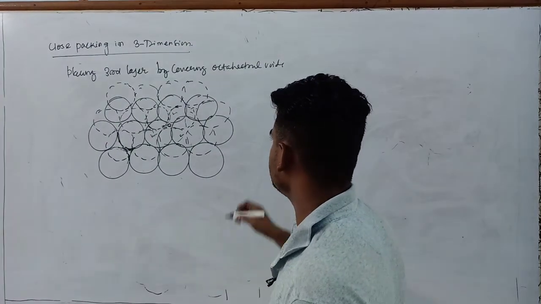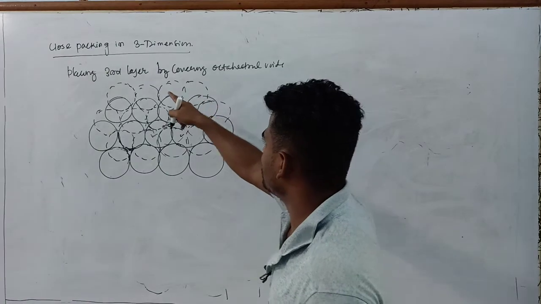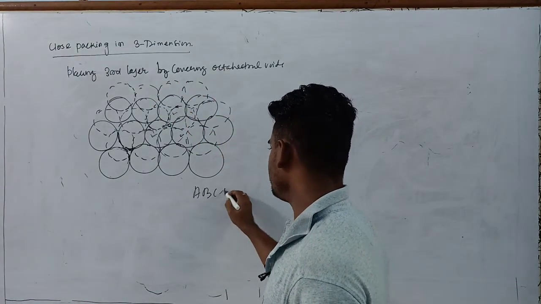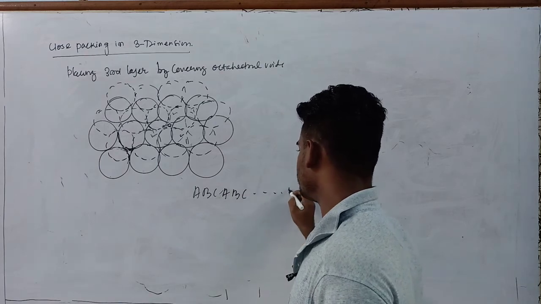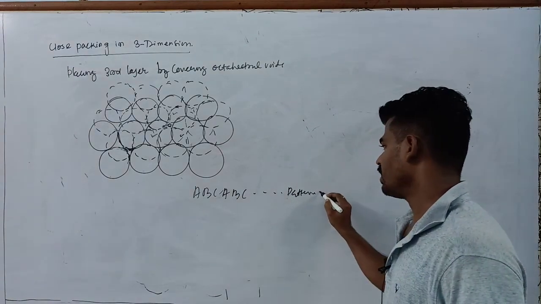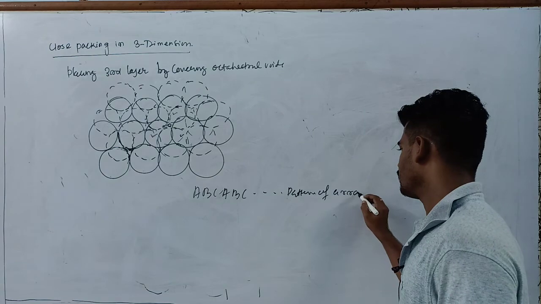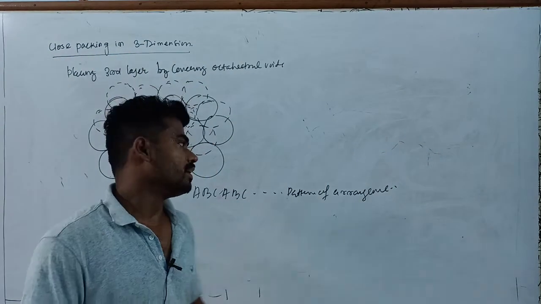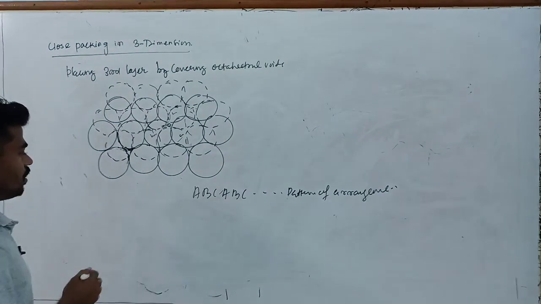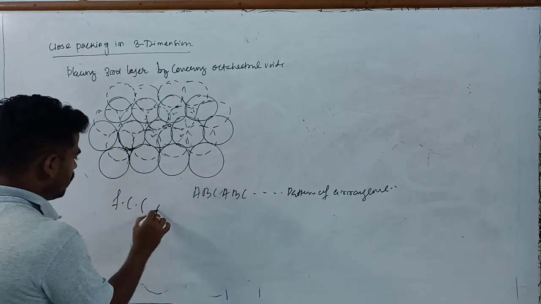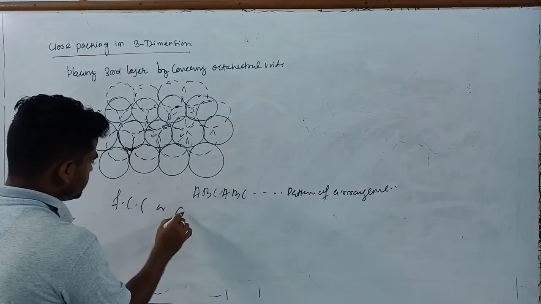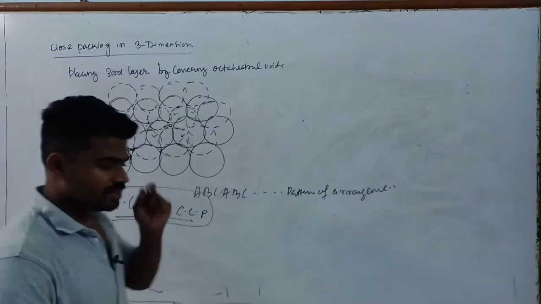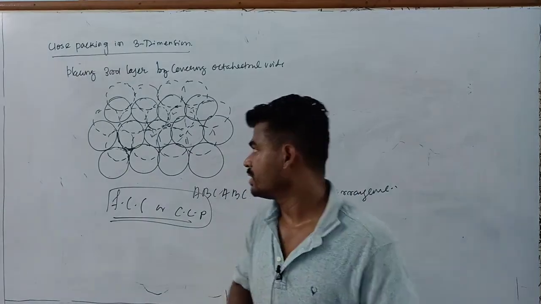You can write down like this: if placing the third layer by covering octahedral voids, the ABC pattern follows. And this type of packing is called FCC, or you can say CCP, cubic close packing. Very simply you can say FCC or CCP packing you will get in this type of packing.